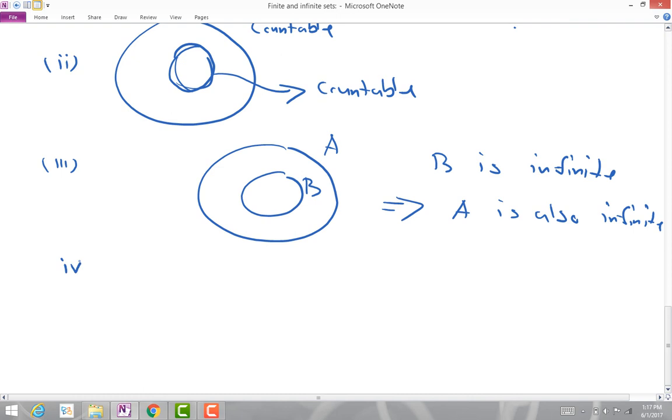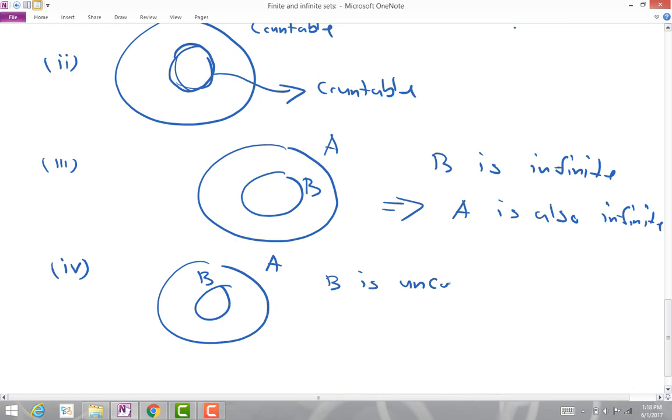And similarly, this happens to uncountable sets as well. Say if B is uncountable, then the superset A is also uncountable.